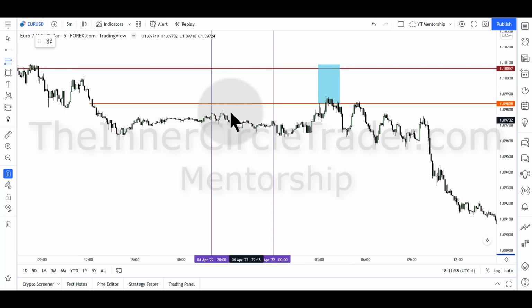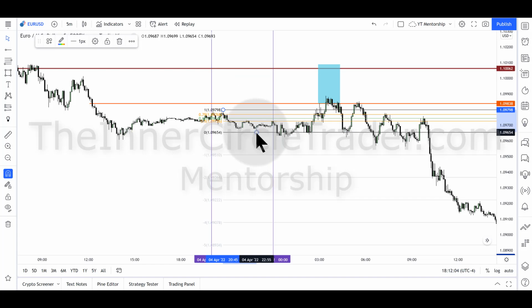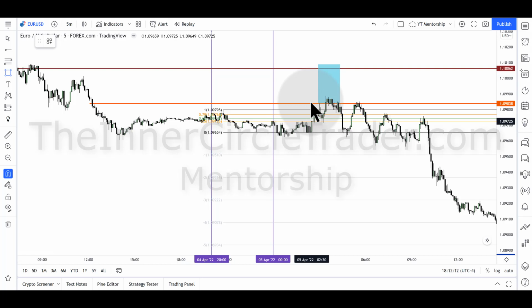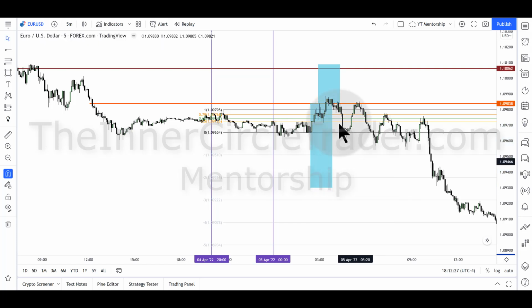Now you're going to take the Asian range and do standard deviations to the downside. You're going to get both measurements. You're going to get the wick to tail, and you're also going to do 100 pips. So this is your entry at that level there. So 83.8.